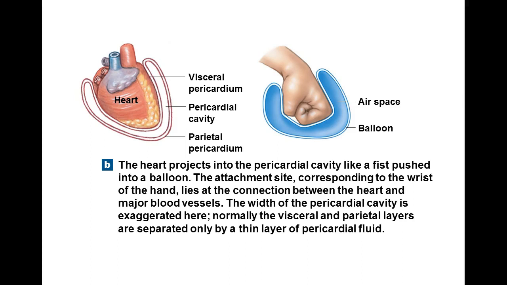So in order for this cavity to function the way I just stated, in terms of protecting and allowing the organ or organs that exist in there to change size, you have to have a membrane attached to it.